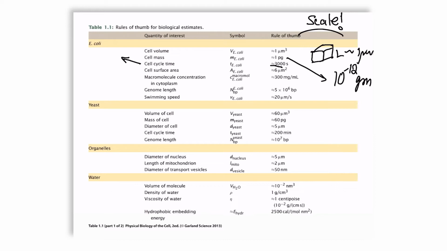This 3,000 is nothing but 50 minutes. 3,000 seconds is 50 minutes. We are again trying to consider average times. It becomes an interesting problem, which is to ask, in terms of the cell cycle time of E. coli, how long does it actually take to divide?